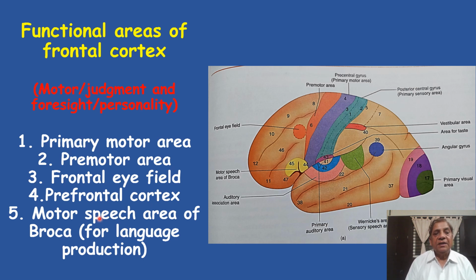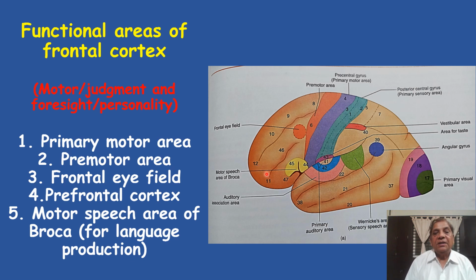Then another area is here, the prefrontal cortex. That means superior, middle and inferior frontal gyrus in front of this frontal eye field. All this large area of the frontal lobe near the frontal pole, and behind this, on all surfaces, that is supralateral, medial and the orbital surface, is the area of the prefrontal cortex.